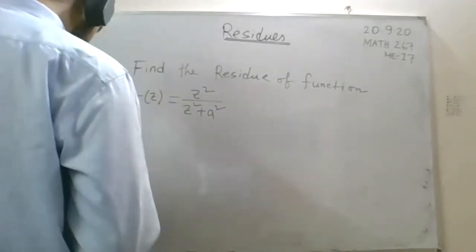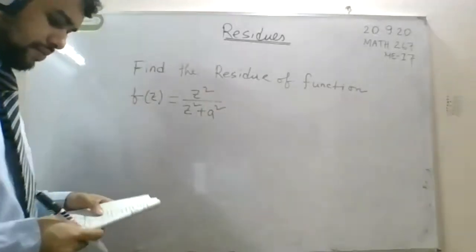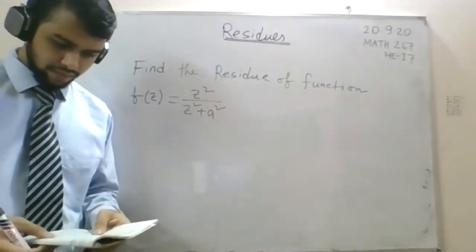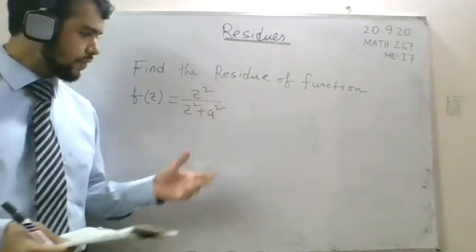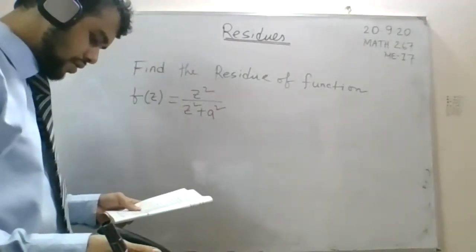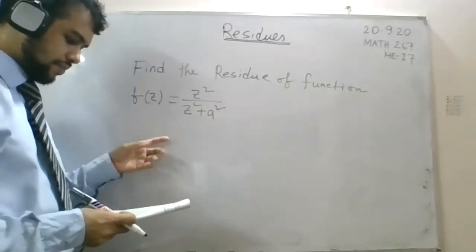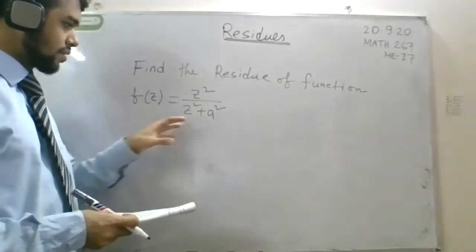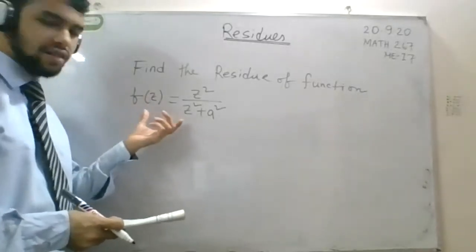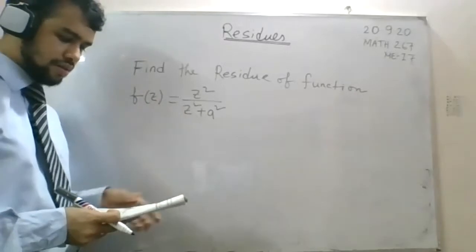So I just use the simple one. Okay. So here, just tell me what is the singularity of this function, just find out the pole of this function. Can anyone tell me the answer?